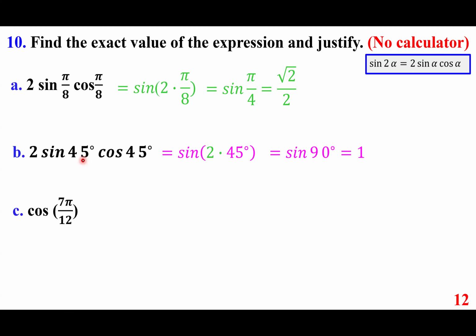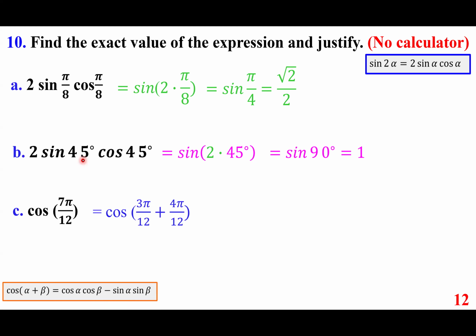Cosine of 7 pi over 12. Obviously, 7 pi is 3 pi plus 4 pi, so we can say 3 pi over 12 plus 4 pi over 12, and use cosine of alpha plus beta, which is cosine alpha cosine beta minus sine alpha sine beta.